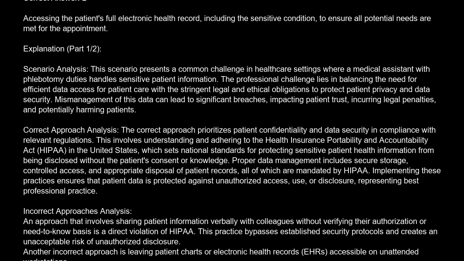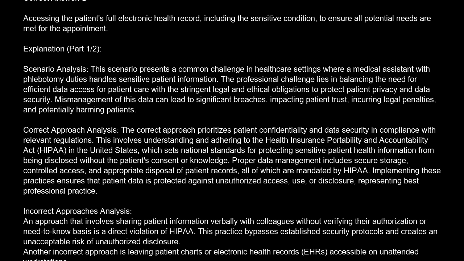Mismanagement of this data can lead to significant breaches, impacting patient trust, incurring legal penalties, and potentially harming patients. Correct approach analysis. The correct approach prioritizes patient confidentiality and data security in compliance with relevant regulations. This involves understanding and adhering to the Health Insurance Portability and Accountability Act, HIPAA, in the United States, which sets national standards for protecting sensitive patient health information from being disclosed without the patient's consent or knowledge.